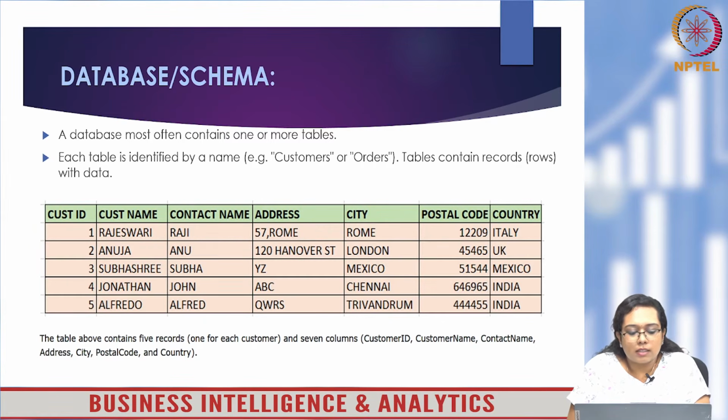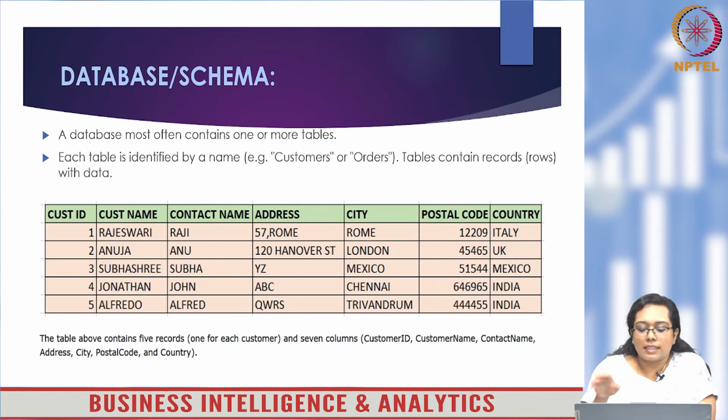For example, see this database or table that we have. This is a customer table which contains fields: customer ID, customer name, contact name and so on, and there are rows, which are the horizontal entities mentioned. There are 5 records for each customer and 7 columns, the ones mentioned in green.